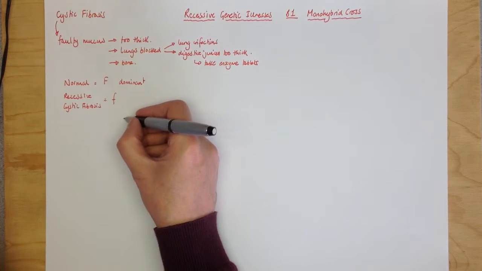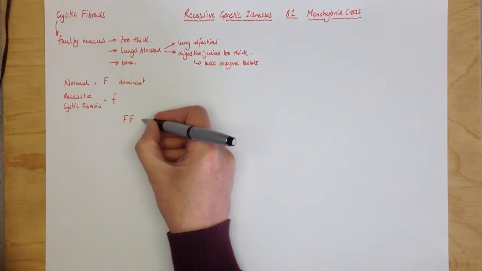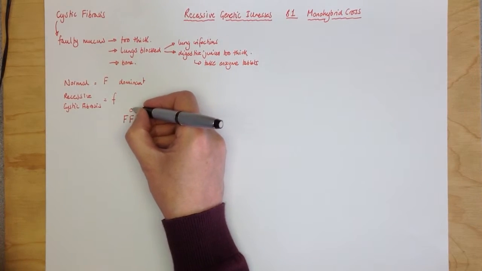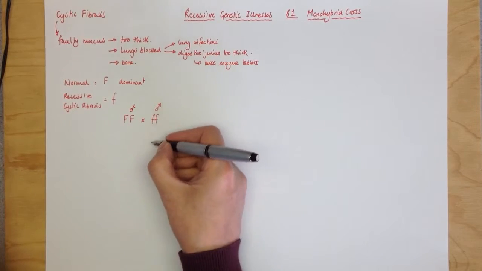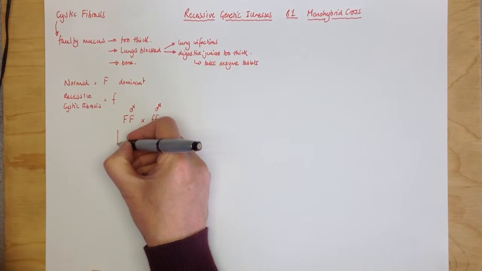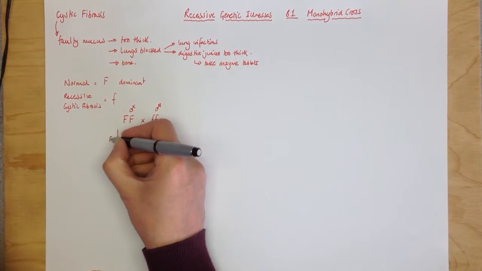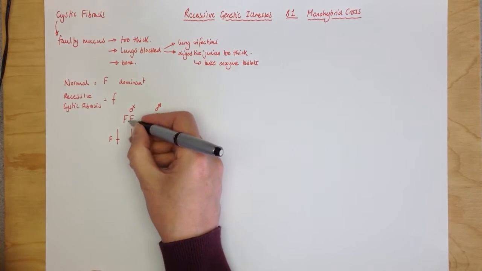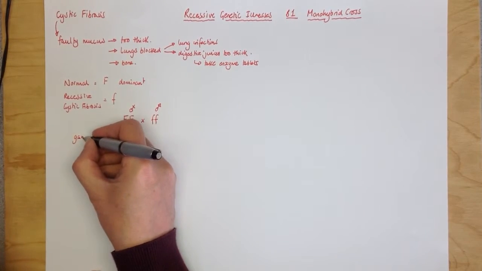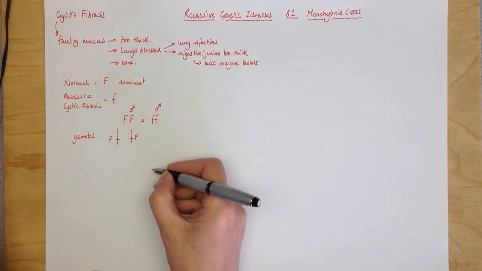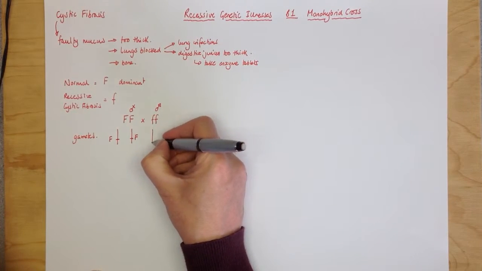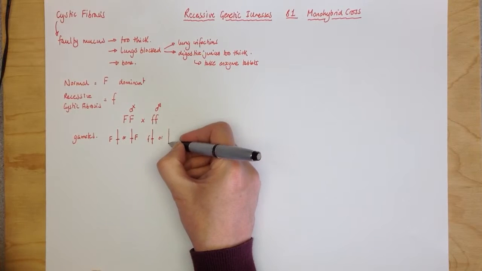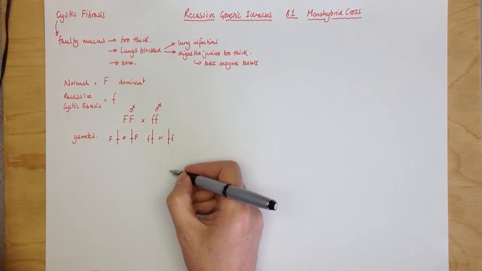Now, imagine that you have a normal parent meets someone with cystic fibrosis. Okay? So mum, in this case, will produce eggs, all of which contain the normal gene. They're the only gametes that she can produce. In this case, the father can only produce sperm that carry the recessive gene, because he's homozygous recessive.